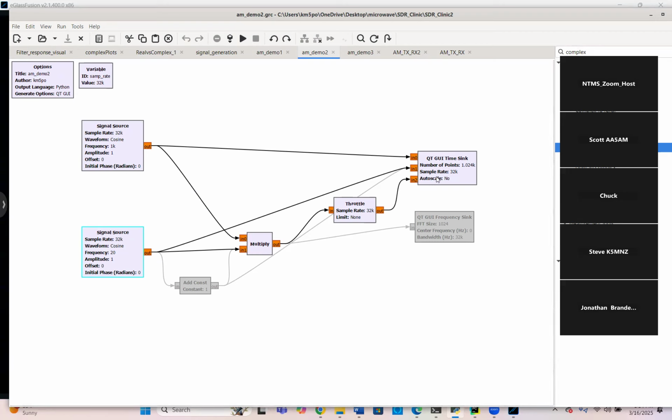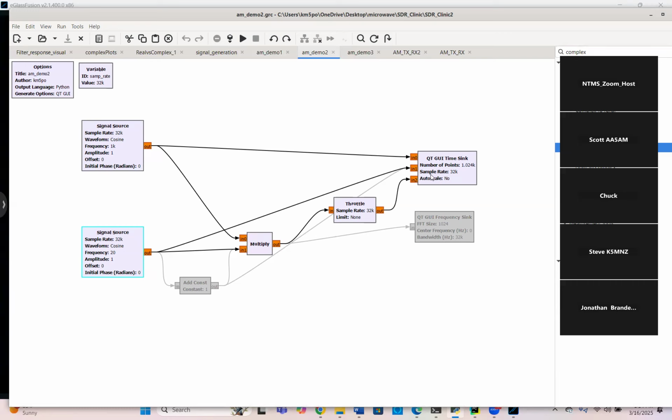The first graph is going to show us the carrier. The second graph is going to show us the baseband. And the third will show us the multiplication product through the throttle. So we'll see both of the signals and the resultant modulated wave.